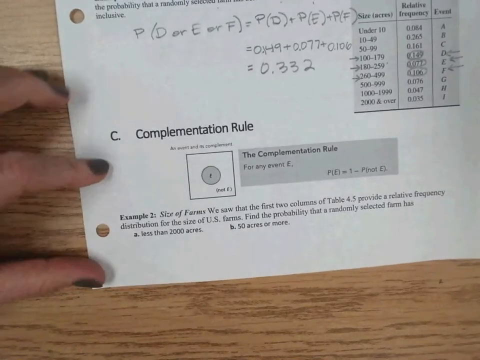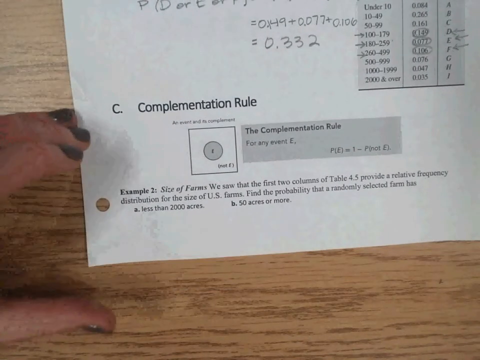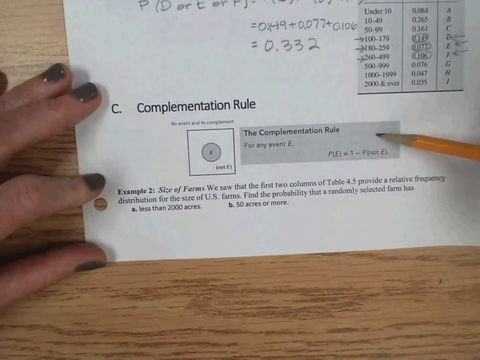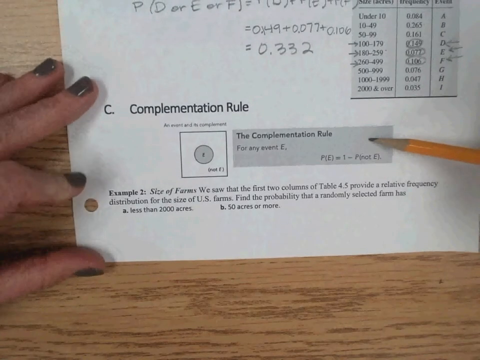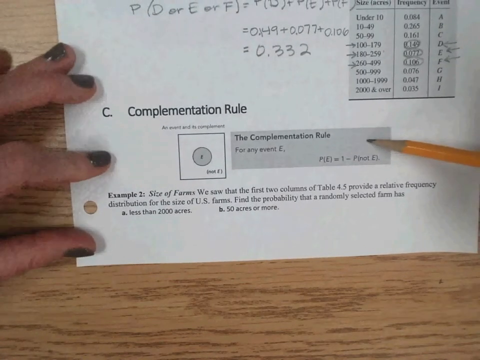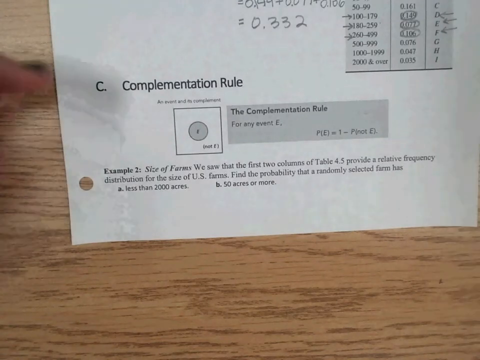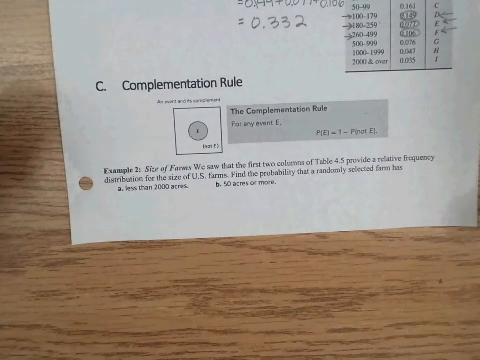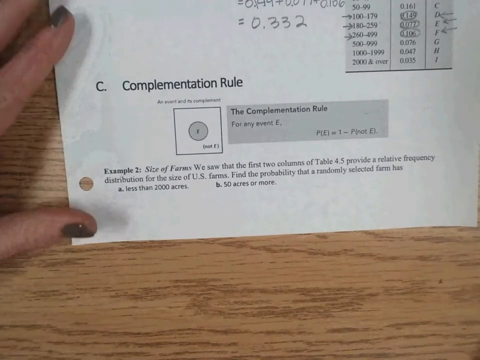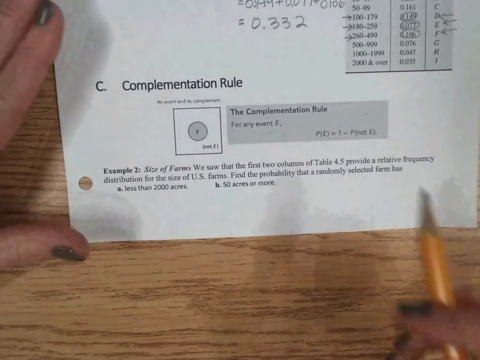Next we have the complementation rule. And so we actually had an example of this in our 4.4 notes, talking about our professors and the ages, and our last example being a professor over the age of 30, and so we were able to subtract the two professors that were under the age of 30.